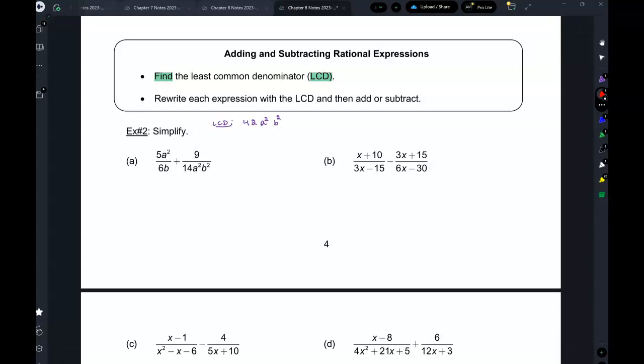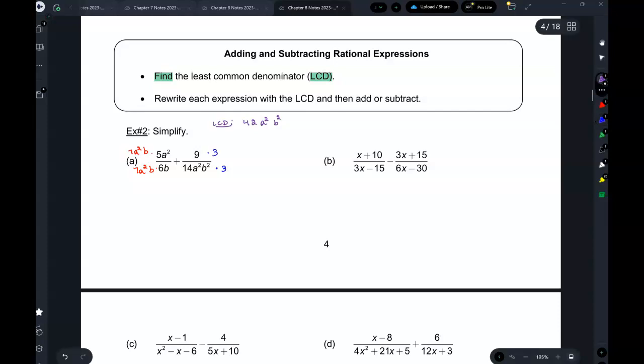In order to make this into a 42a squared b squared, I need to multiply by 7a squared b. And the second one, I'm going to multiply just by 3.